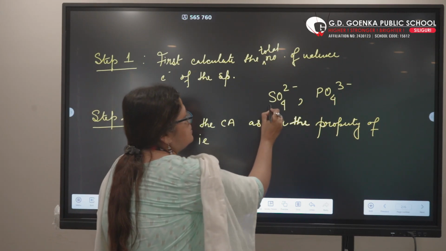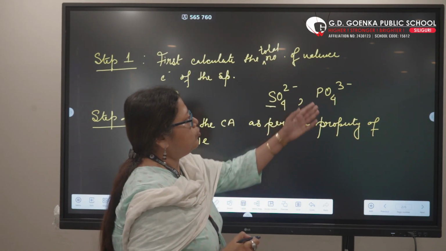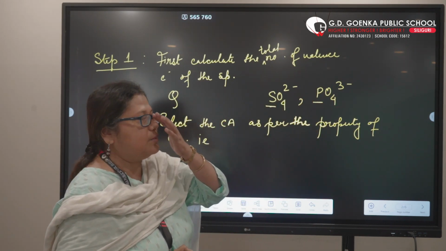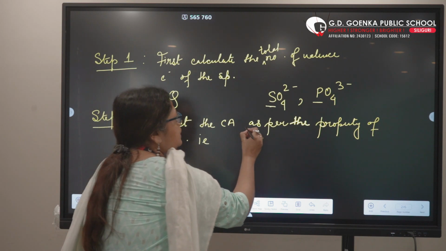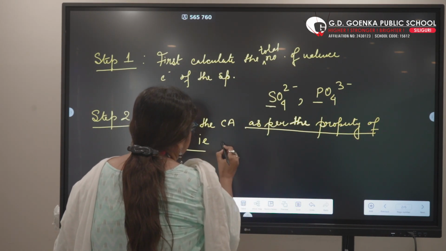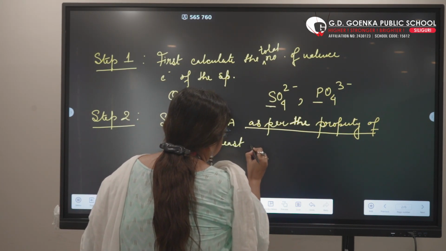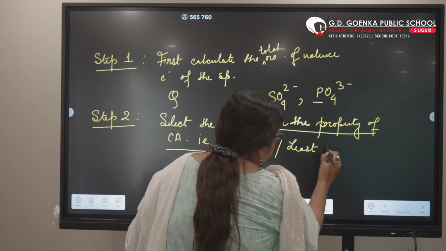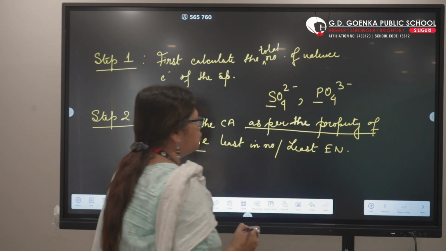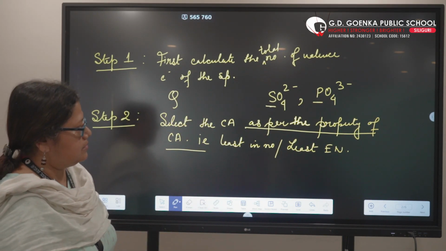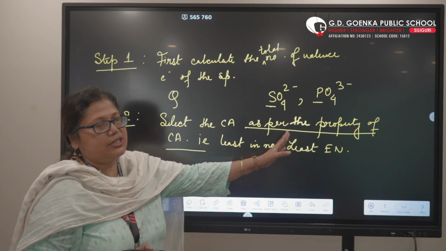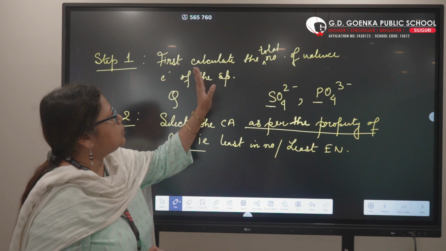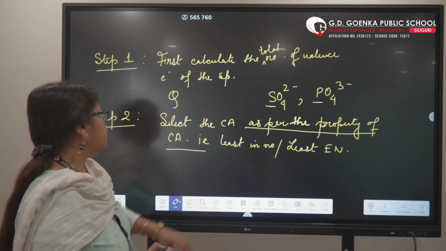Definitely for sulfate, sulfur is the central atom, and for phosphate, phosphorus is the central atom. Why? Because as per the property of the central atom, it must be least in number in the species and it must be least electronegative.